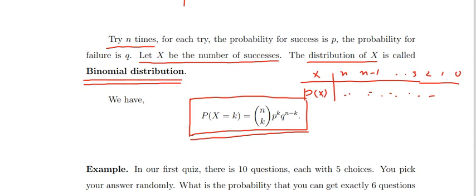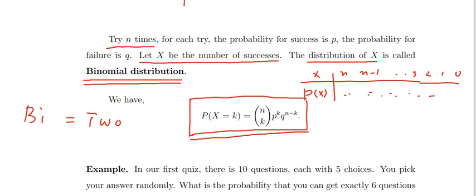A binomial distribution is when you try something many times, n times, and for each one we have two cases, a good case and a bad case. Here bi means 2, right? Okay, binomial distribution.